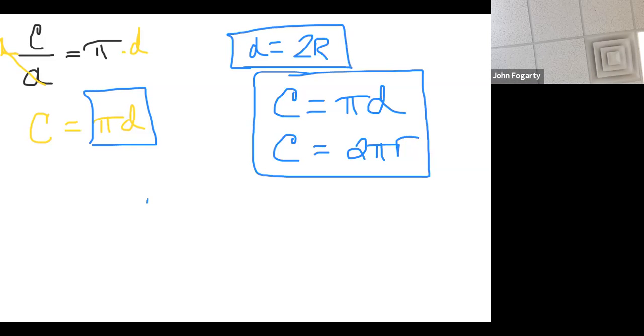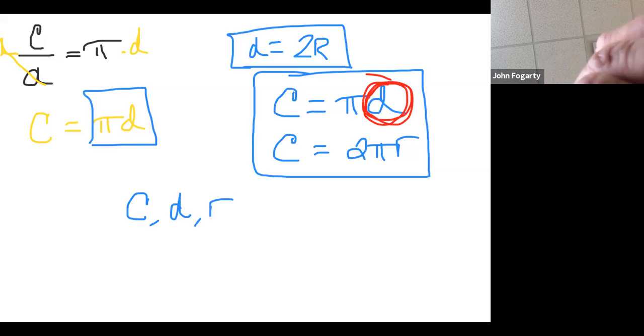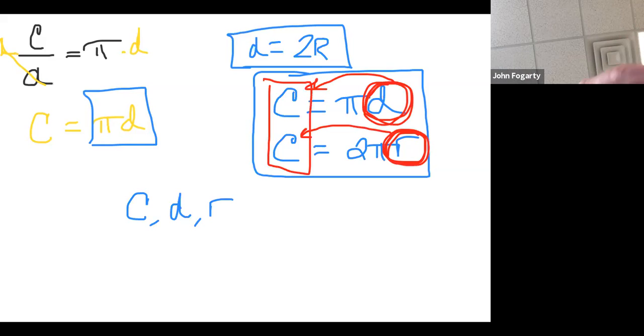So between C, d, and r, if you know d, you can tell me the circumference. If you know r, you can tell me the circumference. But if you know the circumference, you could also tell me d or r.